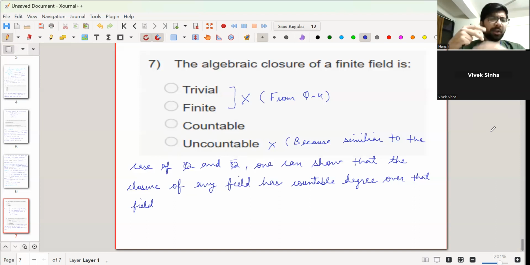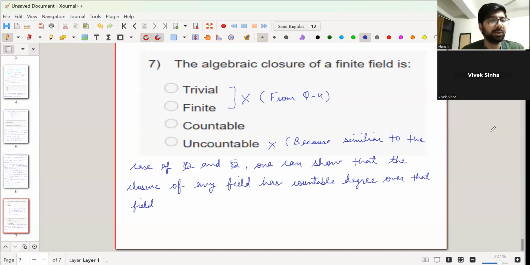So you can see that argument. So that means you can have only countably many roots of polynomials inside that particular field, and thus the closure has a countable degree over any field. Okay, for any field it will hold that F closure will be of finite degree over F. Oh, sorry, countable degree over F.